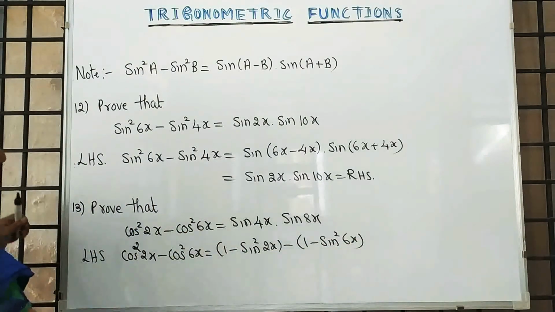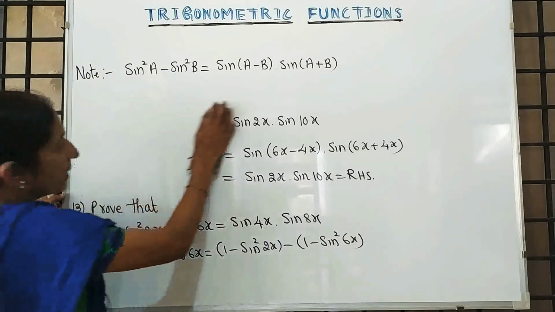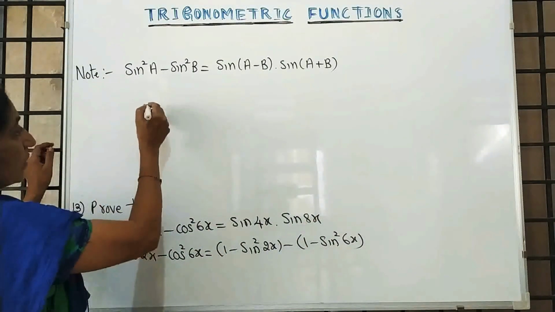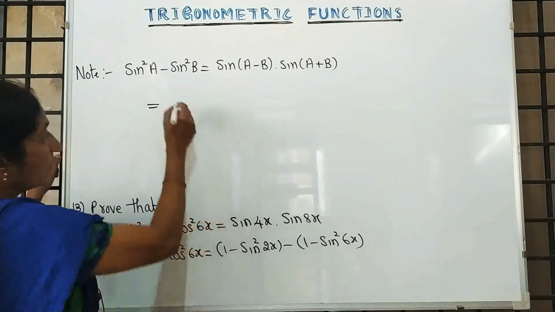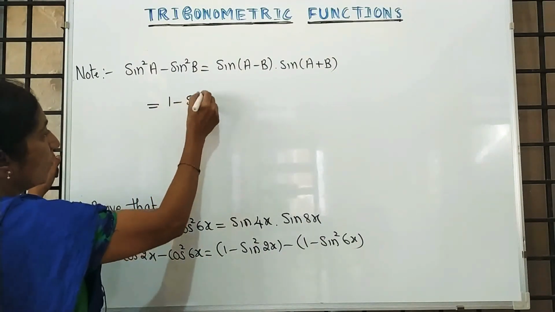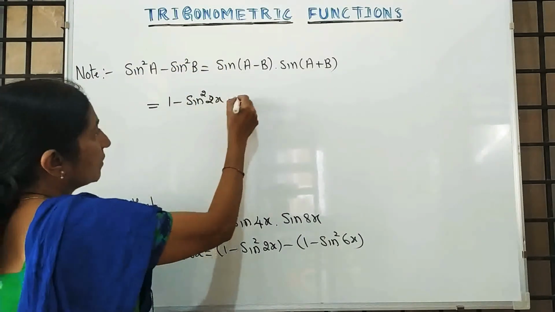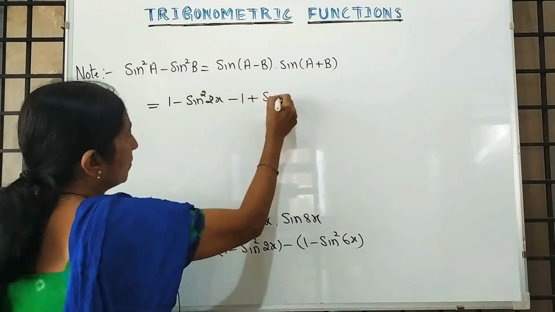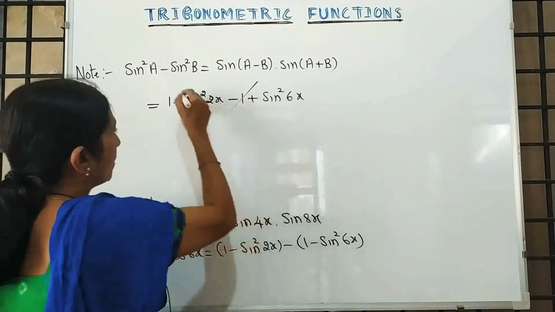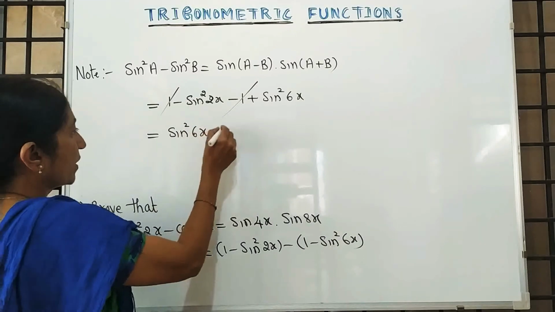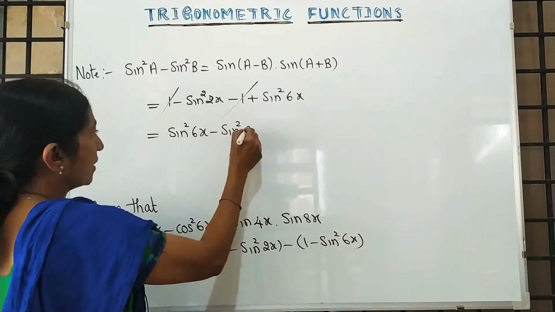Now I am removing the bracket, taking minus inside the bracket. I kept the first one as it is, 1 minus sin square 2x, and for your reference I kept the formula as it is. This is minus 1 plus sin square 6x. Minus 1 plus 1 get cancelled. Sin square 6x minus sin square 2x.